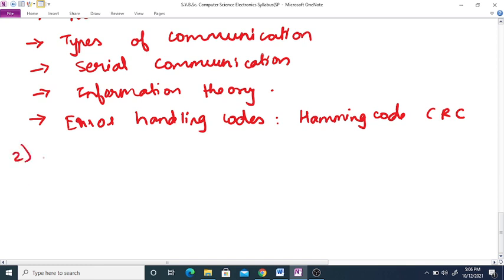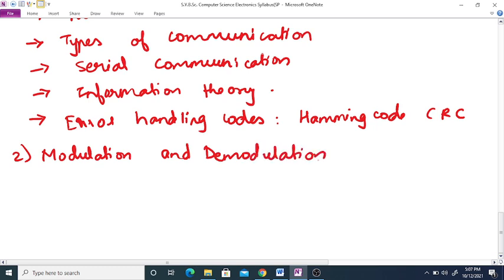Then second unit, modulation and demodulation. In this unit we are going to see introduction to modulation and demodulation. Then next, digital modulation techniques.